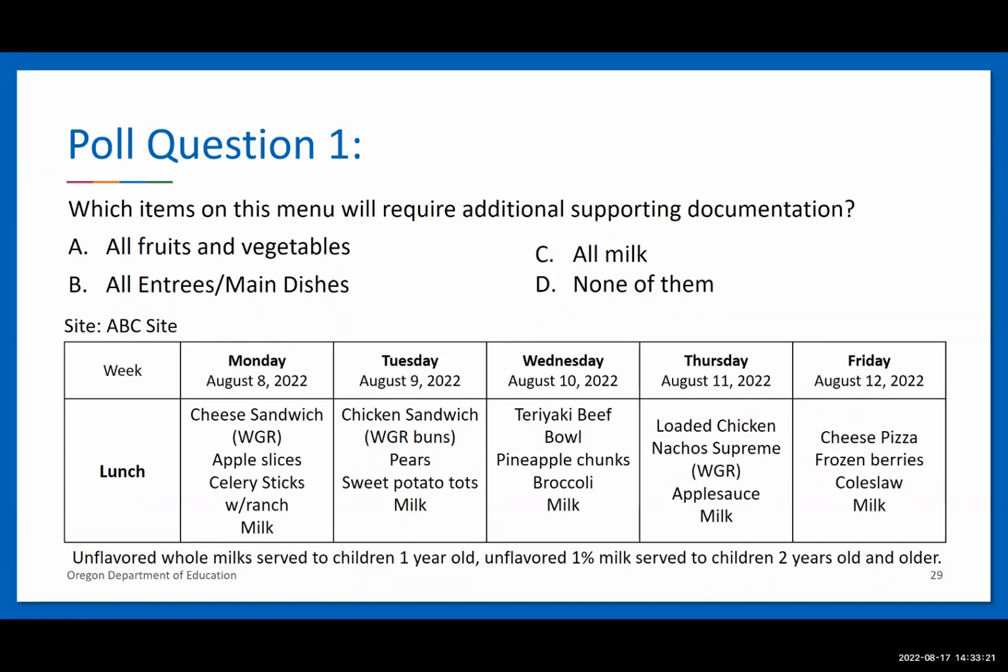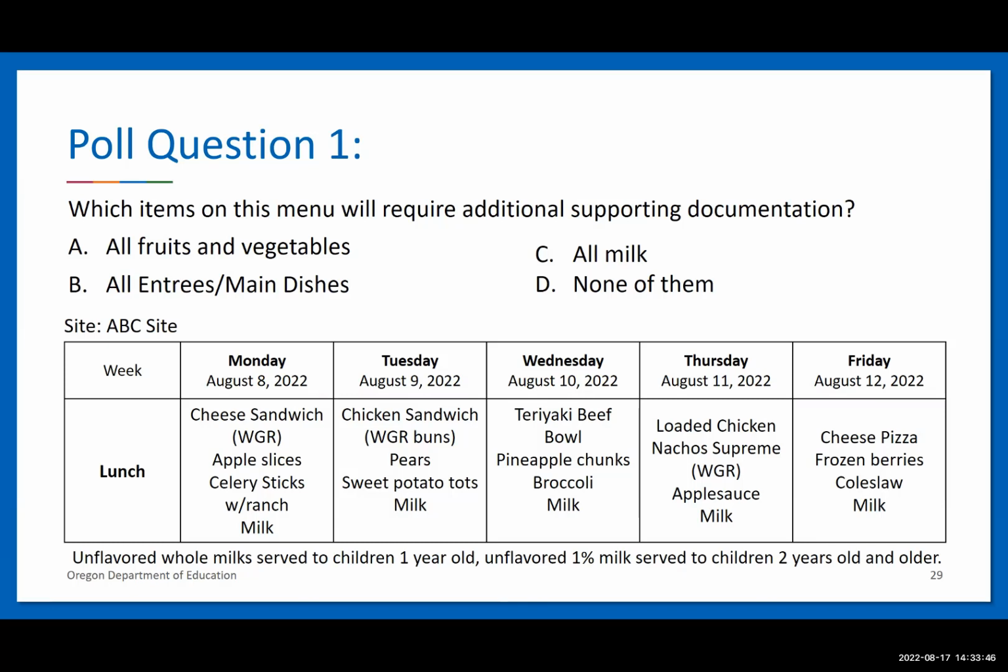All right, so let's give it 5 more seconds. 5, 4, 3, 2, and 1. And we'll close and share the answers. And just so you're all aware, you can move that box that has the polls, so that way you can see the screen as well.